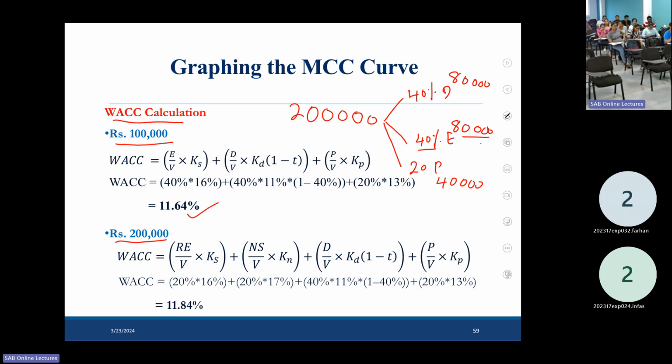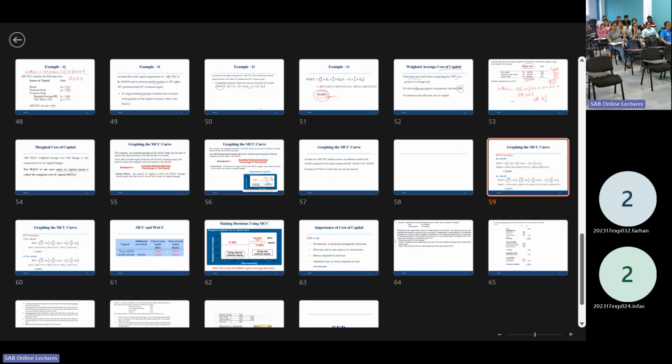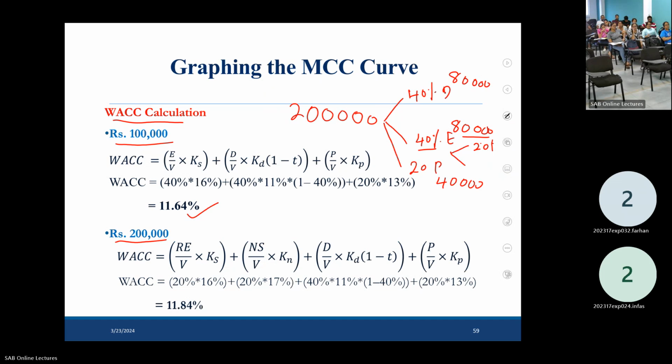This 40% is divided: 20% from retained earnings and another 20% from new stock issue.